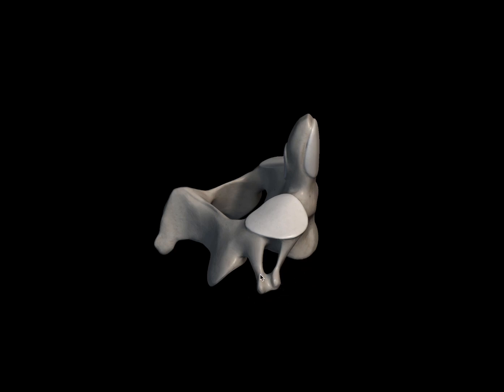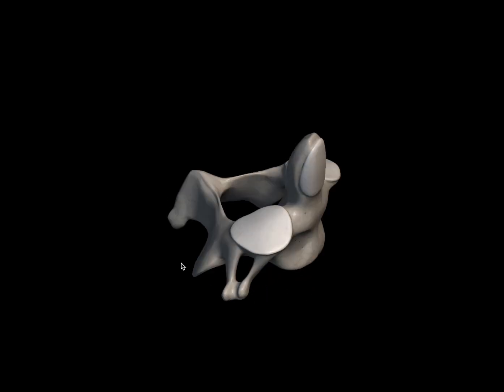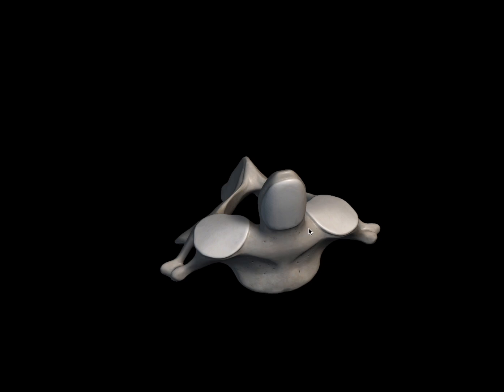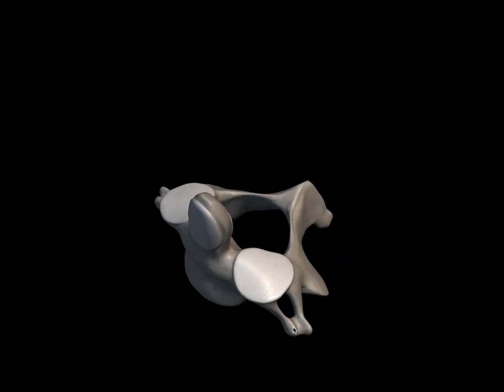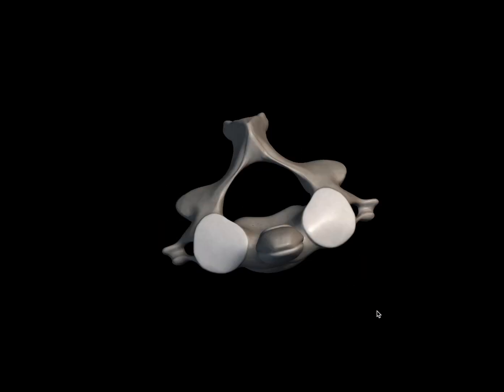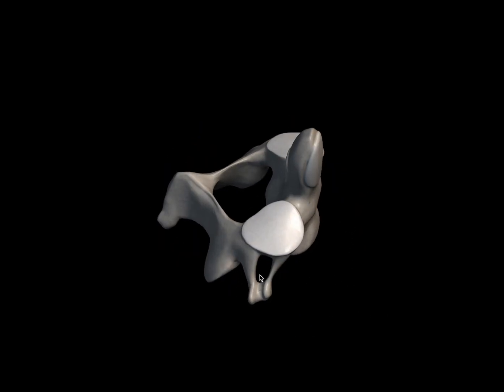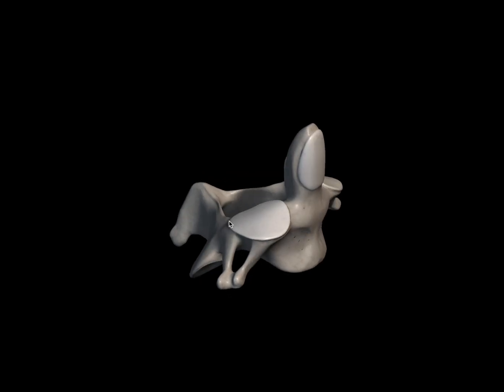They are very small and they only represent the posterior tubercles. There is presence of the foramen transversarium, which is the identification feature of every cervical vertebra, whether typical or atypical. The foramen transversarium can be seen here also, and it is directed upwards and laterally.